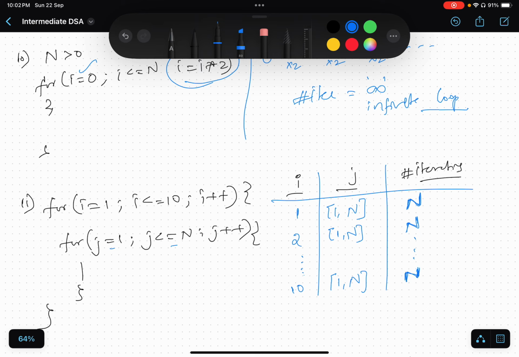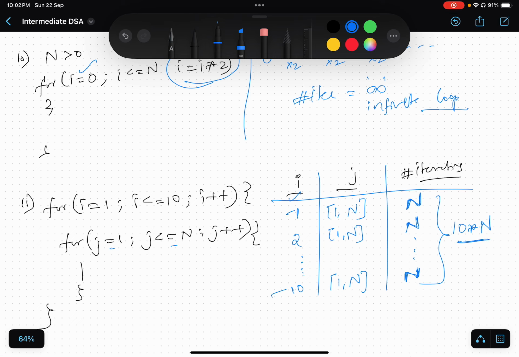Now you have to see carefully: you have figured out the number of iterations for each i value of the external loop. So the total number of iterations is 10 times n, because my i is ranging from 1 to 10 and for each iteration j is making n iterations. So the iterations is 10n, right?